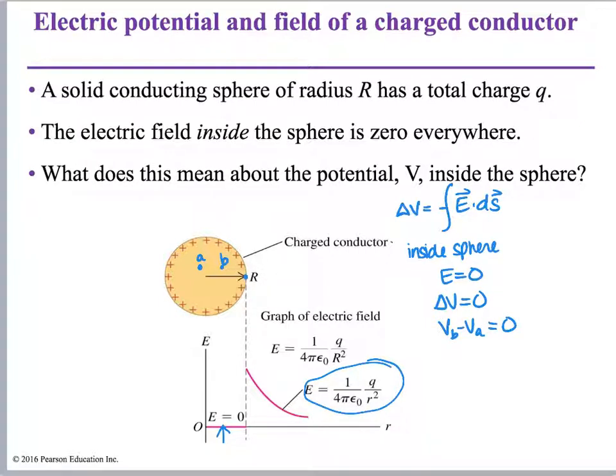So it doesn't mean necessarily that the potential is 0 because the change is 0. It means that the potential is actually constant. And then it would also have to be continuous, so that when we got to the surface, it would have to be equal to the potential at the surface. So just because the electric field is 0 inside of the conductor doesn't mean the potential is 0. It requires that the potential remain constant inside of the conductor.